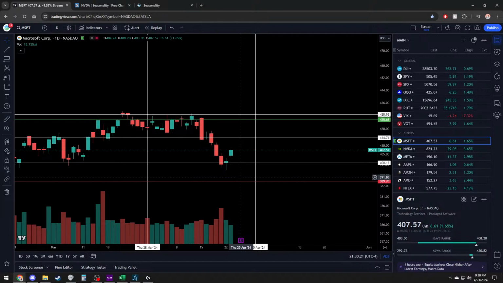I did some research on this, and I think the second and third years of a president's term are like the best years for the stock market. So we'll see what happens. That's why I say manage your risk whenever you do trades. Always be ready to be wrong, because you will be wrong statistically.